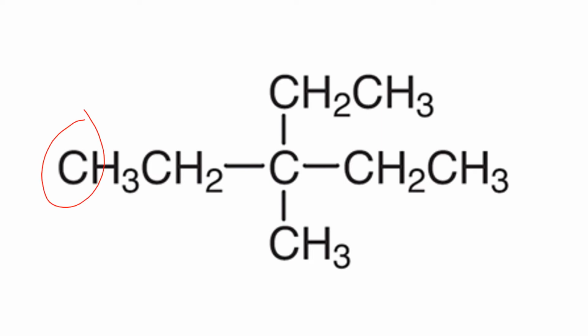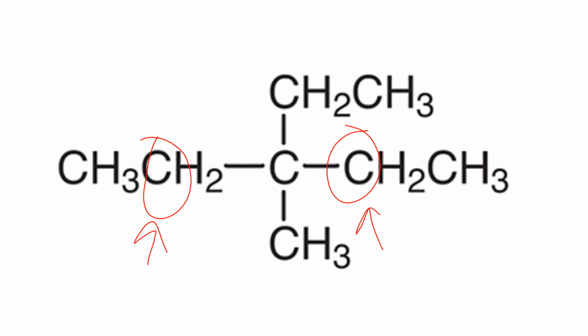It's bonded to 3 hydrogens and a carbon, and is in the same situation as this carbon here, which is bonded to 3 hydrogens and a carbon. Ditto for these two. They are the same as each other. This one is bonded to 2 hydrogens and 2 carbons, and this one is also bonded to 2 hydrogens and 2 carbons. And once again, same thing here.